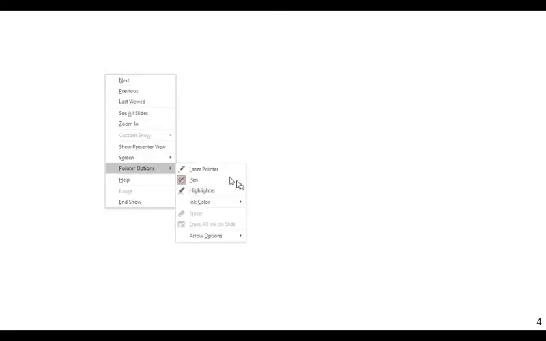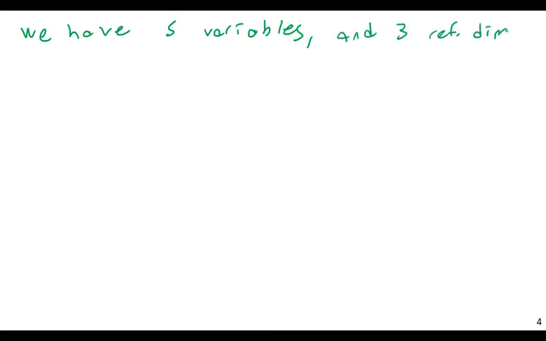So let's look at this. I know in our case that we have 5 variables, and we know that we have 3 reference dimensions. And so I need to choose 3 repeating variables.